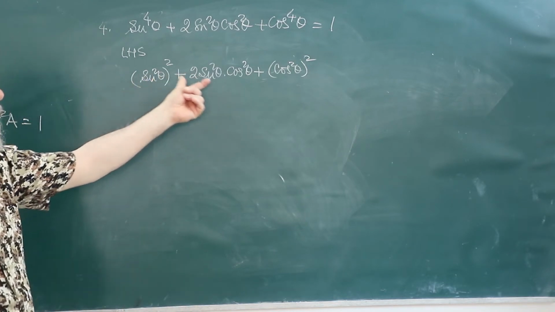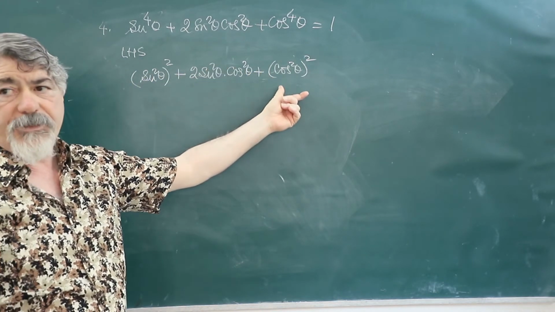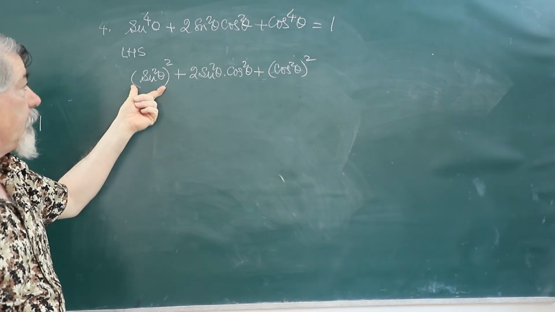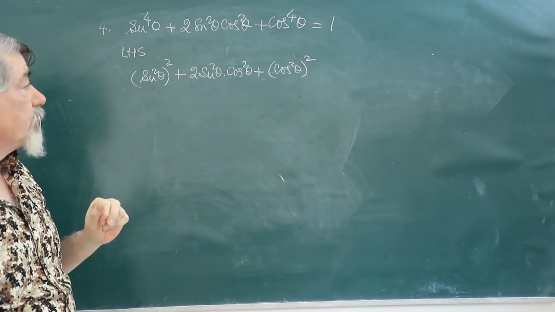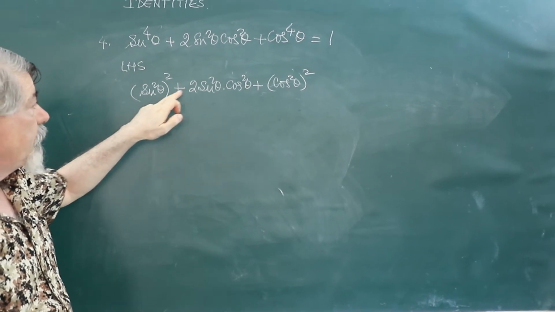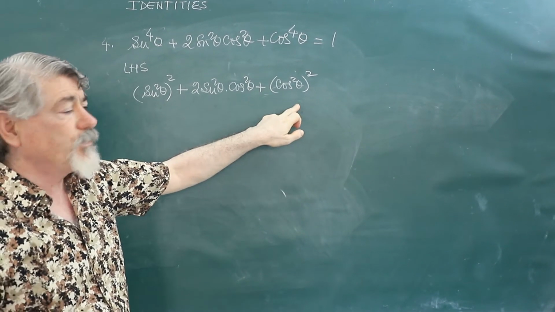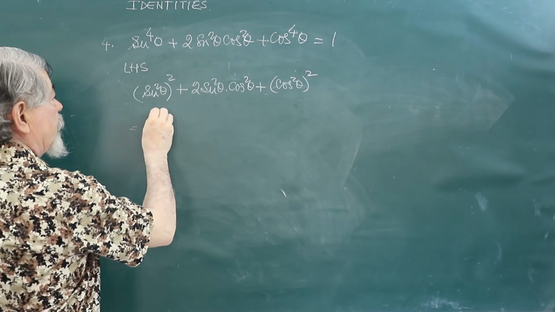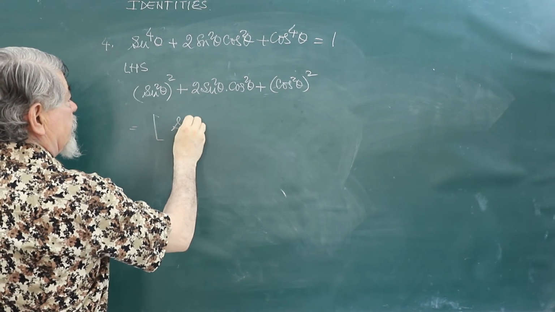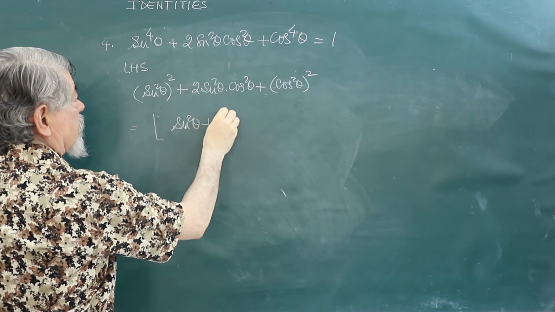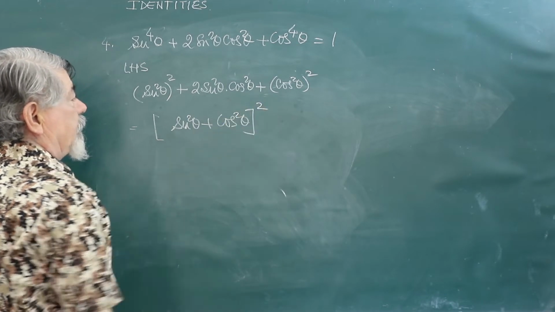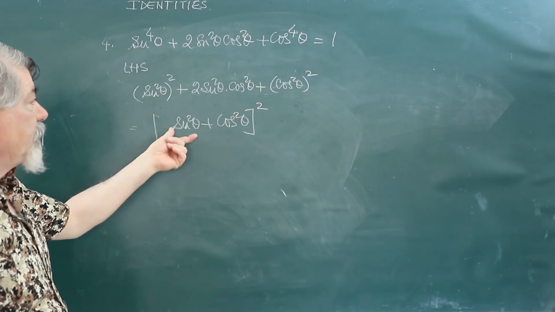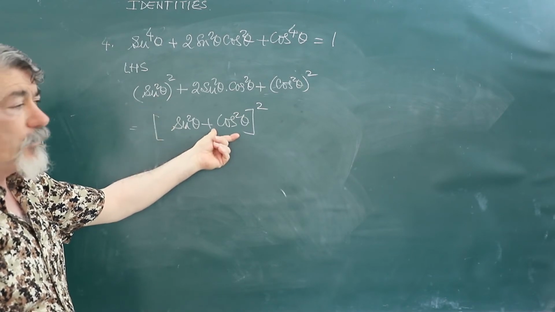This is a square plus 2ab plus b square, where a is sine square theta and b is cos square theta. So it becomes the square of sine square theta plus cos square theta.